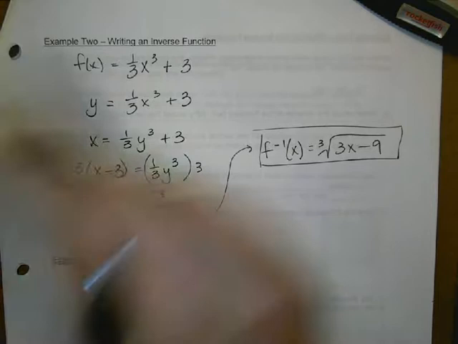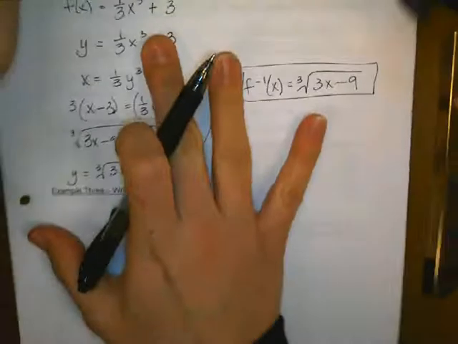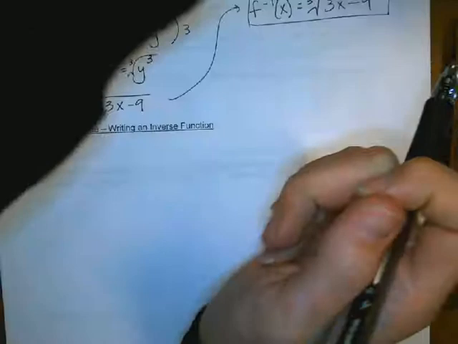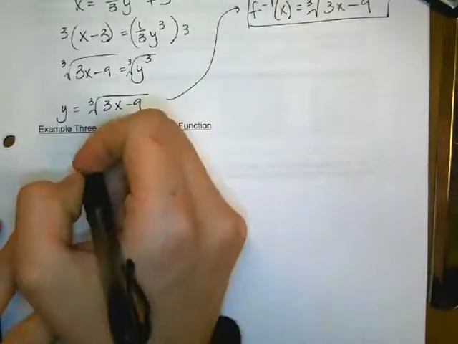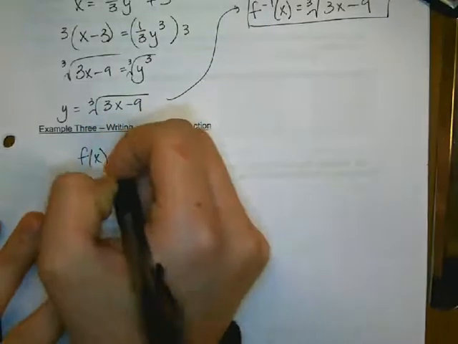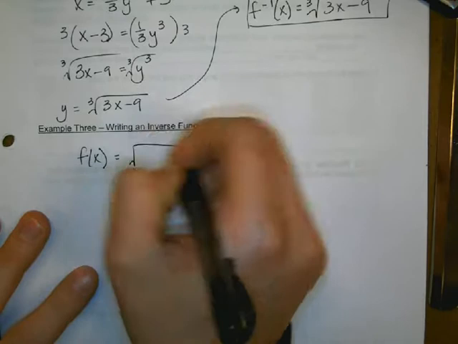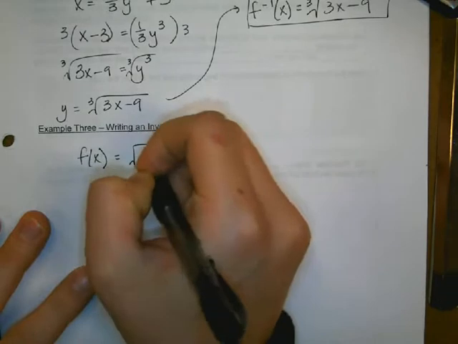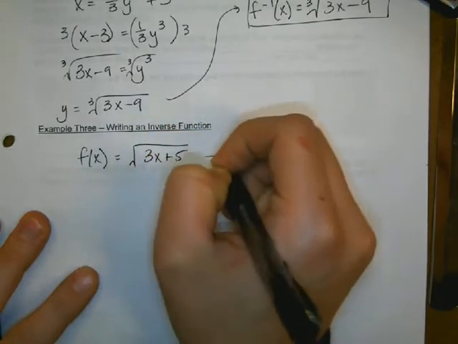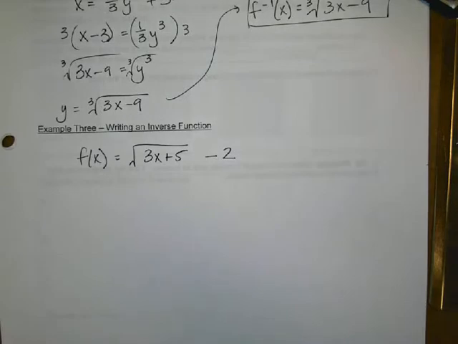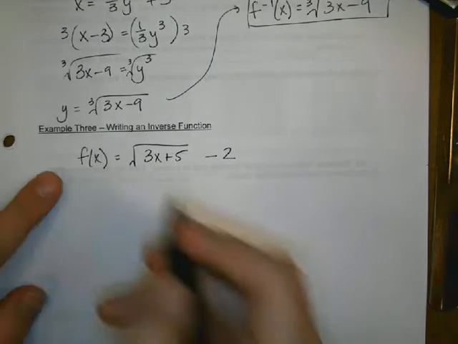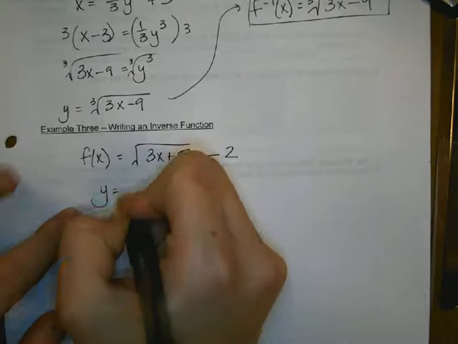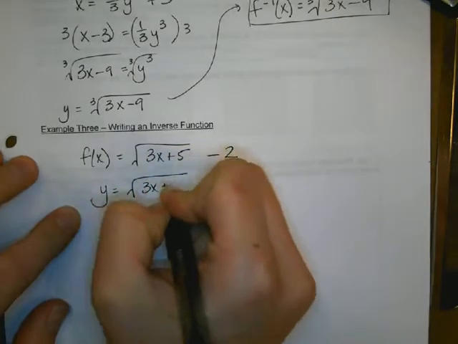Okay, for example 3. We're going to start with, let's say, f of x equals the square root of 3x plus 5, minus 2. Again, same thing. You're going to replace the f of x with y. Just makes it a little bit easier.